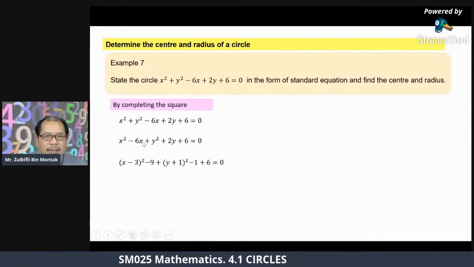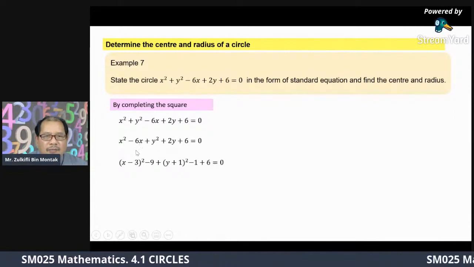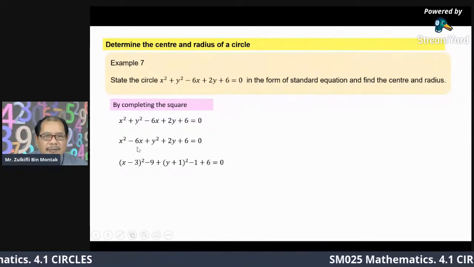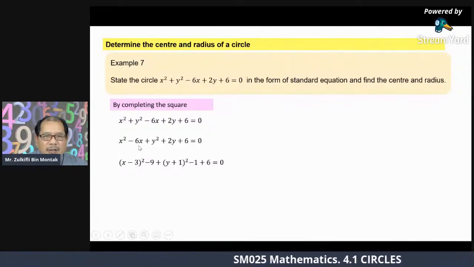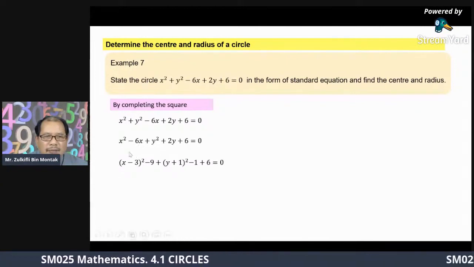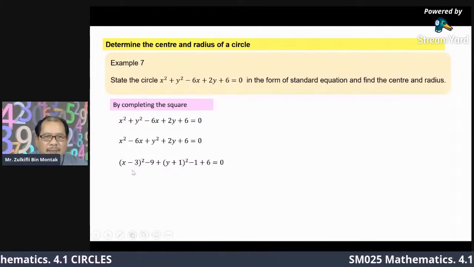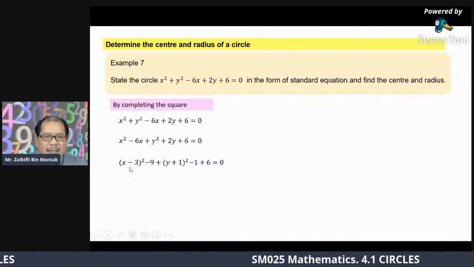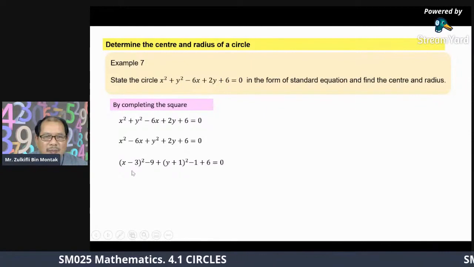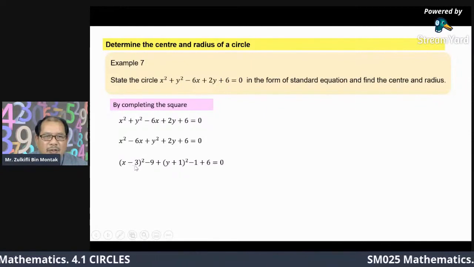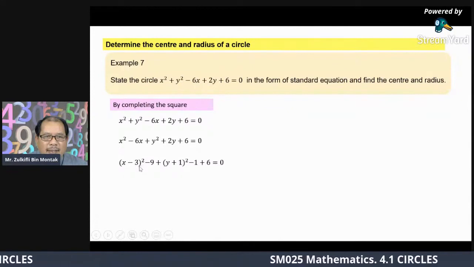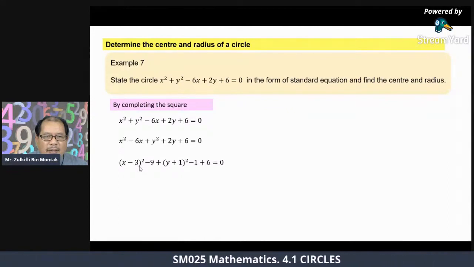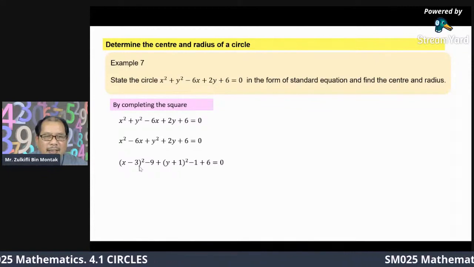Look here, the coefficient for x is negative 6. To complete the square, you divide the coefficient of x by 2, so x minus 6 over 2, that means 3. So using the completed square, x minus 3 squared. If you expand x minus 3 squared, you have x squared minus 6x plus 9.